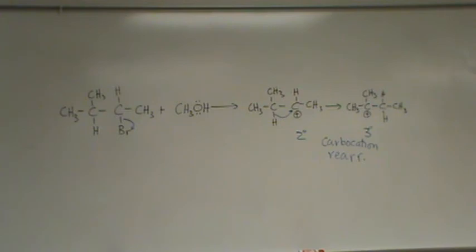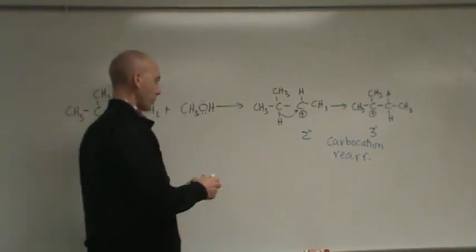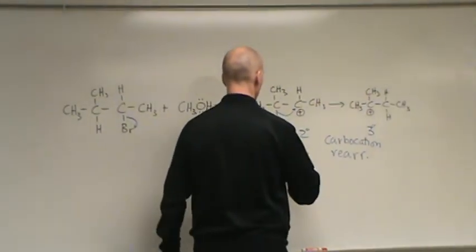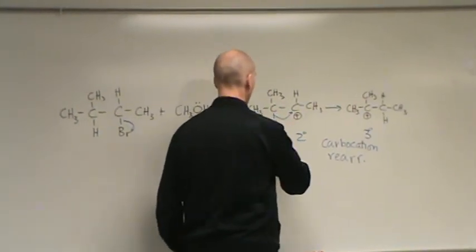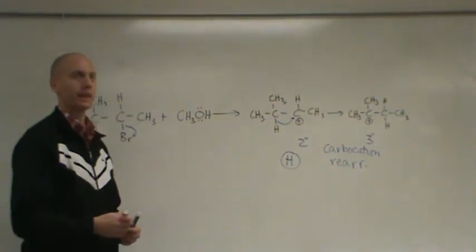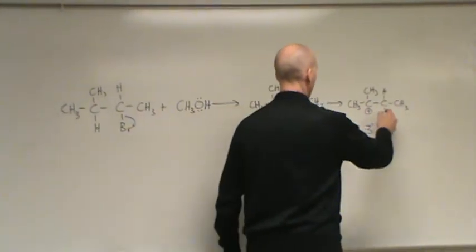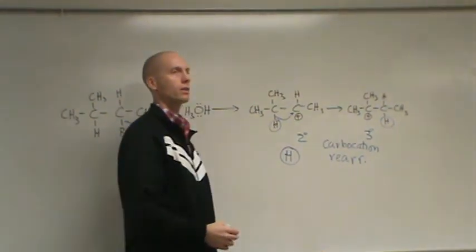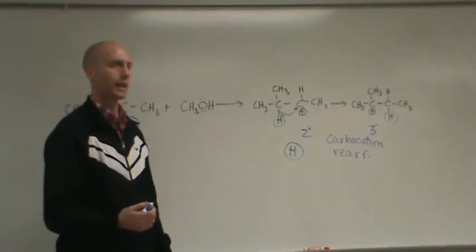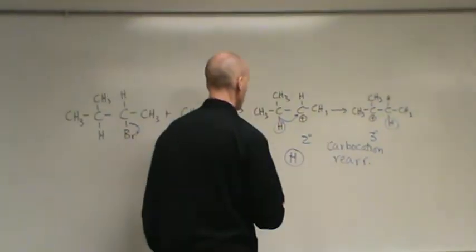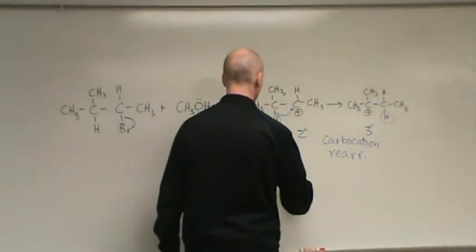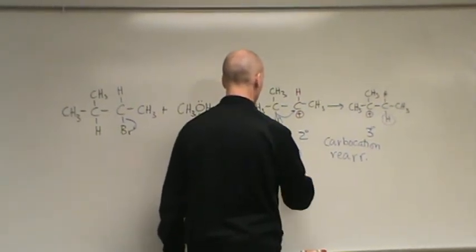There's two ways it can perform the trade. One way it can perform the trade is with a hydrogen, like we did here, okay? So this hydrogen moved from here to there. The other thing it can trade, we'll see in a later example, is a methyl group.